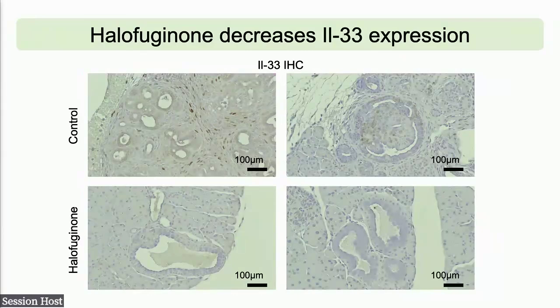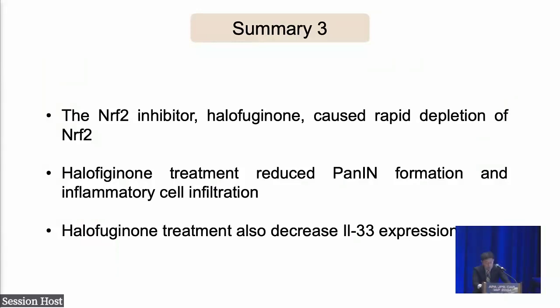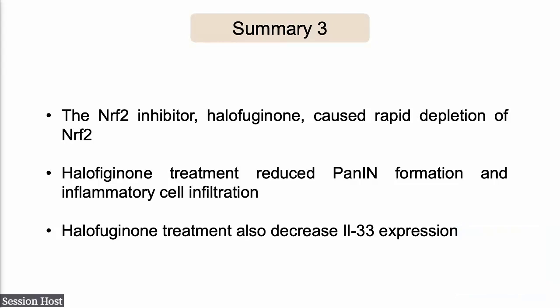And halofuginone treatment also decreased IL-33 positive PanIN-forming cells and surrounding cells. So in summary, the NRF2 inhibitor halofuginone caused rapid depletion of NRF2. And halofuginone treatment reduced PanIN formation and inflammatory cell infiltration. So halofuginone treatment also decreased IL-33 expression.